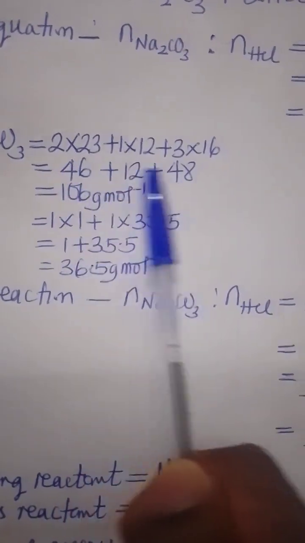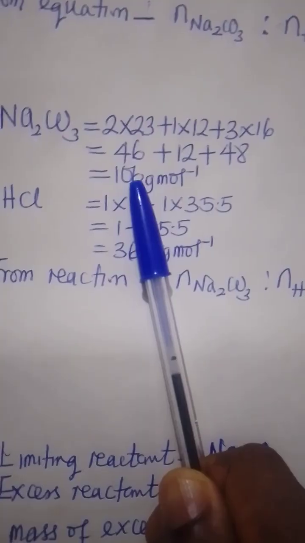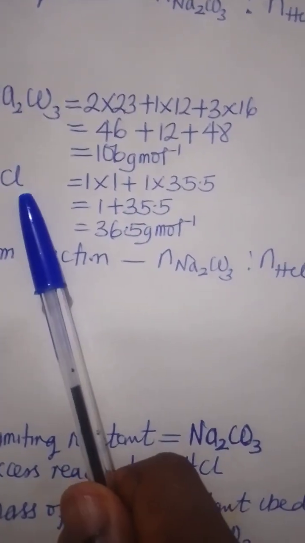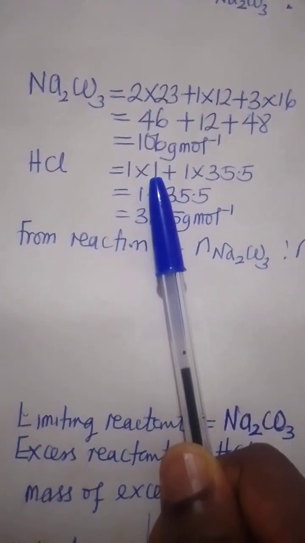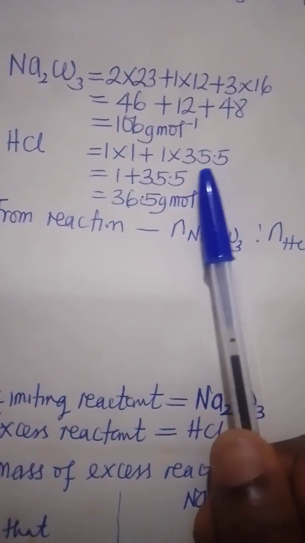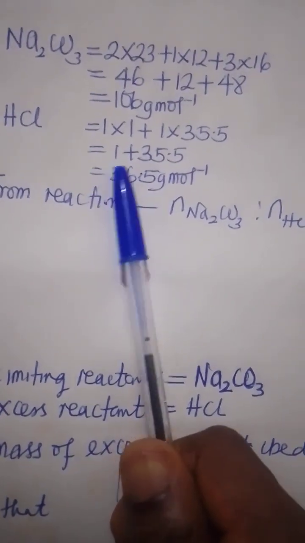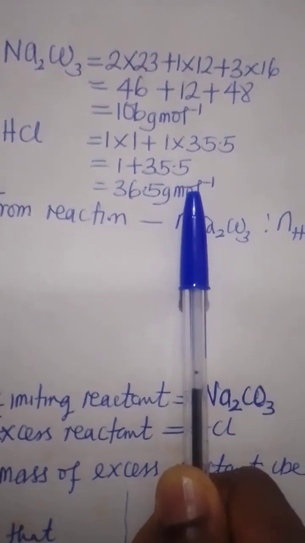So if you resolve carefully, you will end up at 106 grams per mole. You pick up HCl, 1 atom of hydrogen, that will be 1 times 1, which is the atomic mass of hydrogen, and then 1 times 35.5, which is the atomic mass for chlorine, and then if you resolve carefully, you will get 36.5 grams per mole.